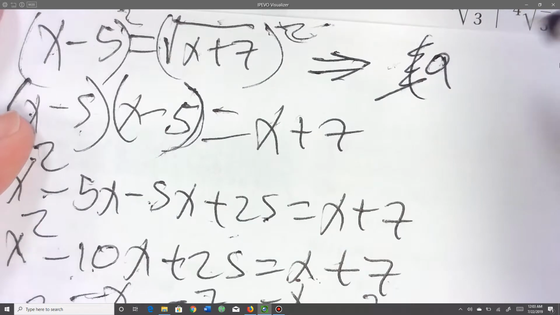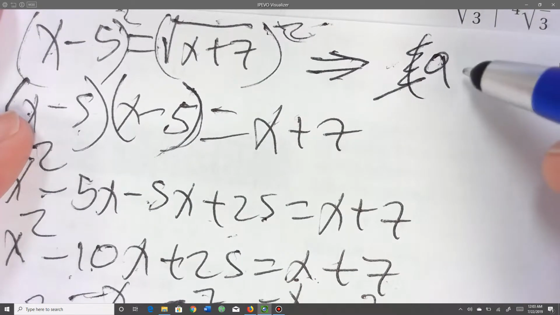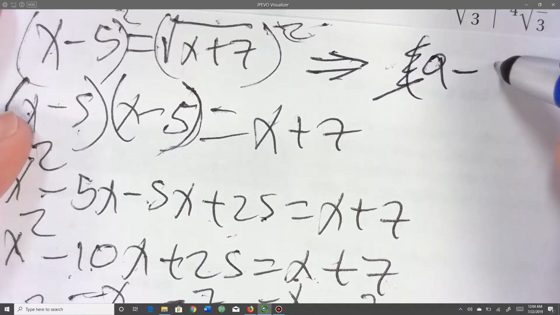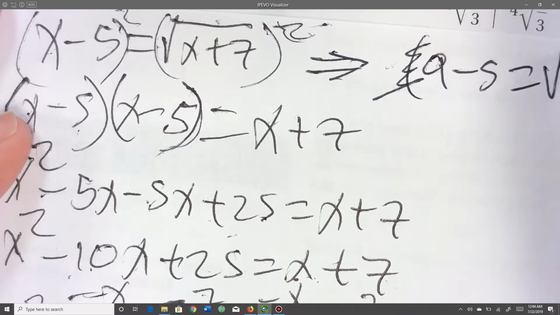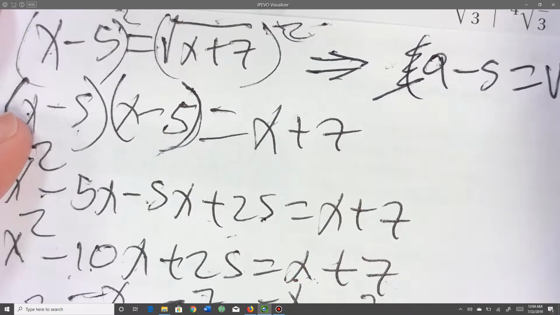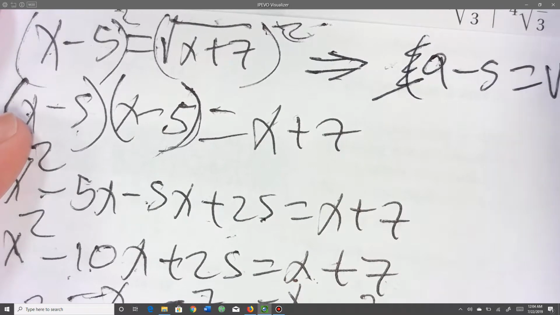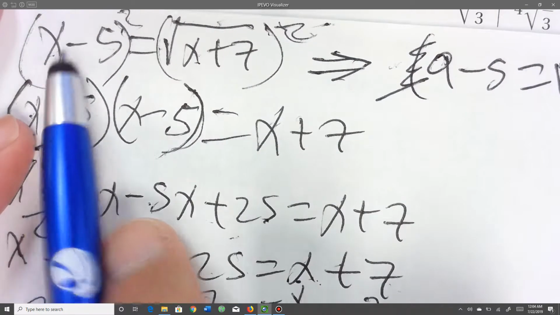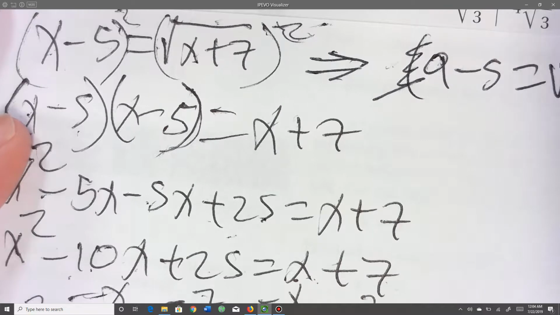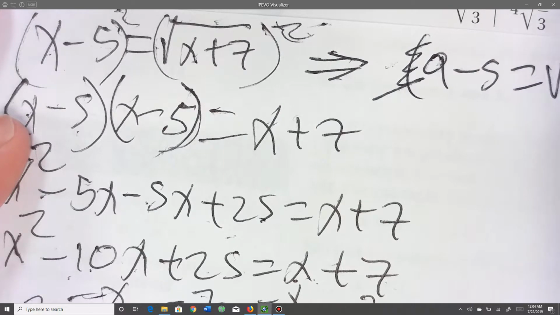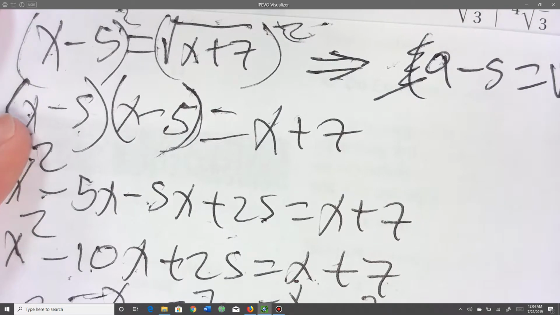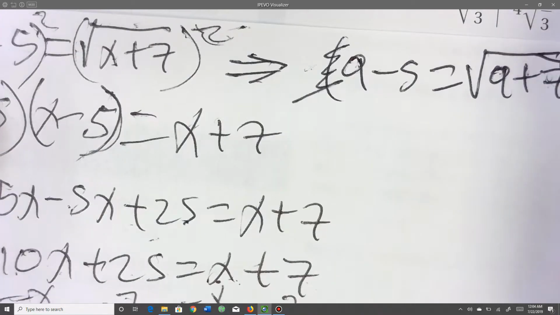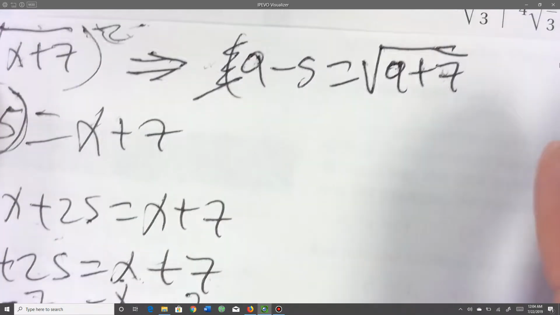I should not have done that, because the equation is x minus 5 equals square root of x plus 7, because in this case we plug in the same value for x and add 7 there. Okay, so I'm outside the screen here.